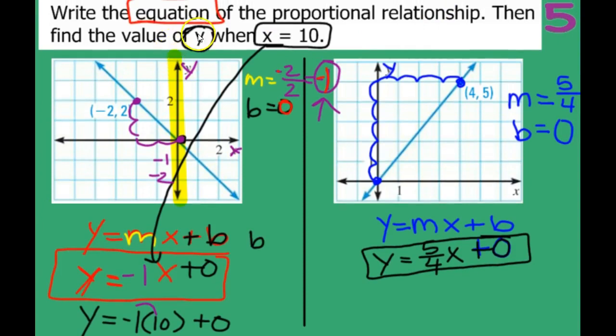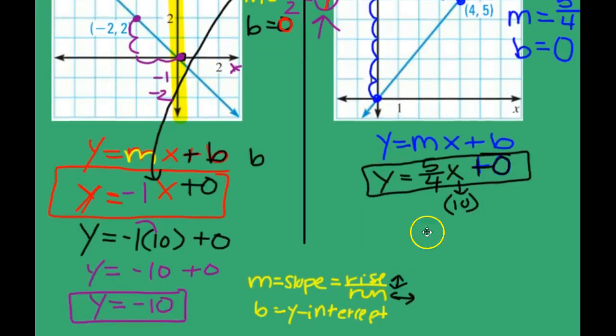And now it says find y. What is y when x is 10? So we're going to take this x, and instead we're going to plug in a 10. So I'm just going to rewrite this: y equals 5 over 4 times 10 plus 0.